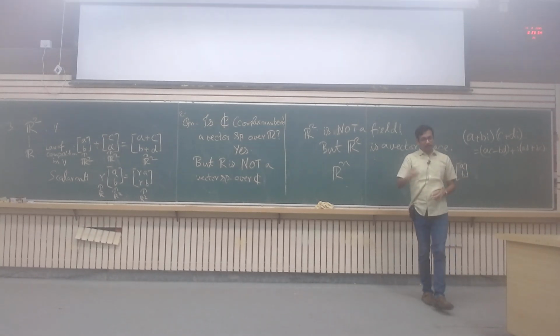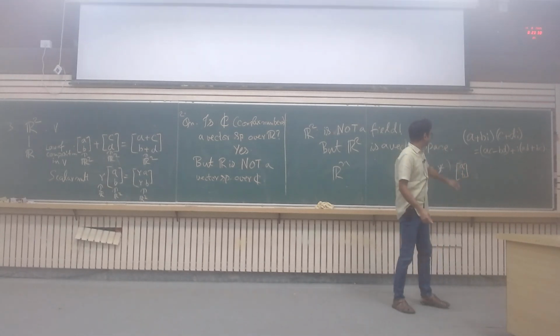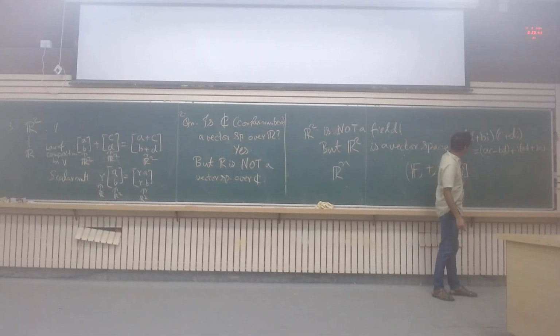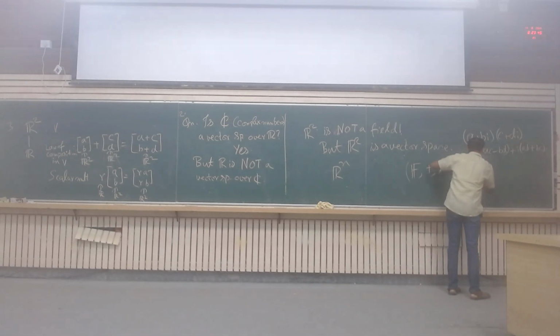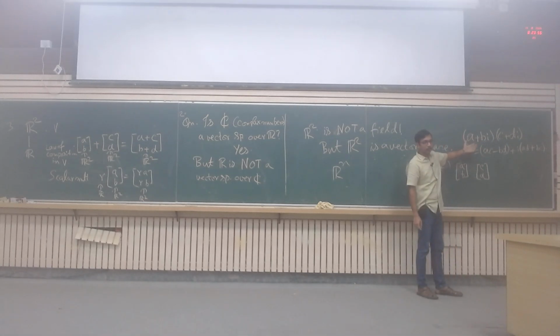You take the map from Rn cross Rn to R. So we rather work with this one and not the multiplication that you see in C, because it's a multiplication in a field. You are multiplying two elements there and getting an element in the field back.